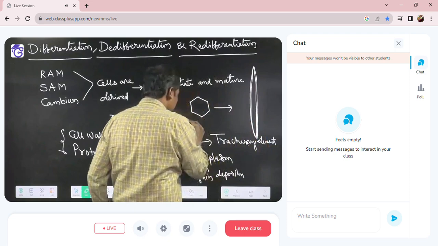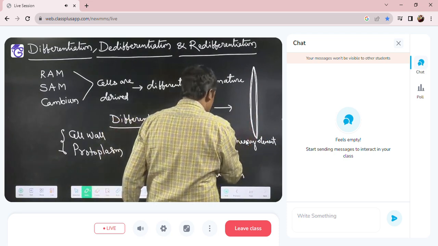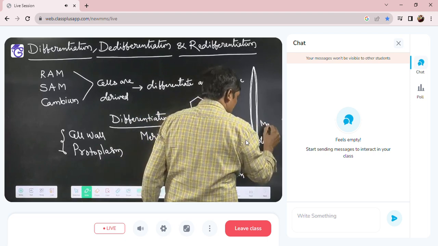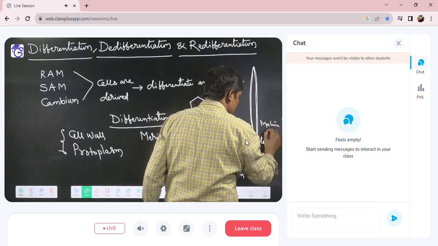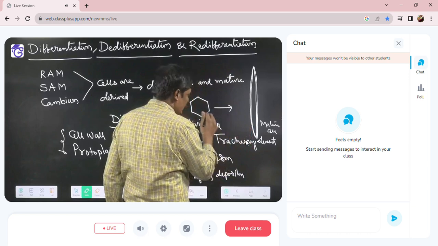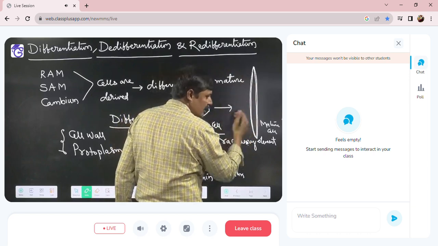So this living cell becomes a non-living cell, a mature cell, a dead cell. The shape changes. Living cell becomes dead cell.